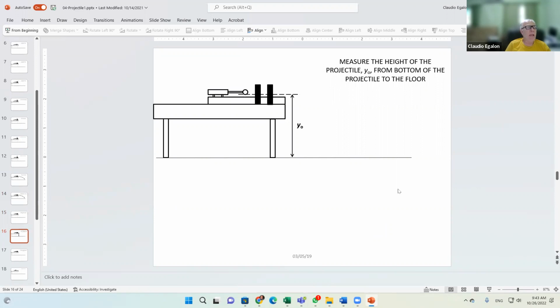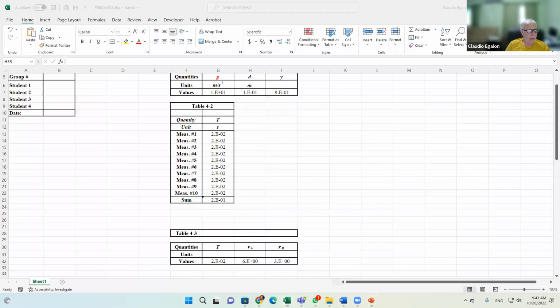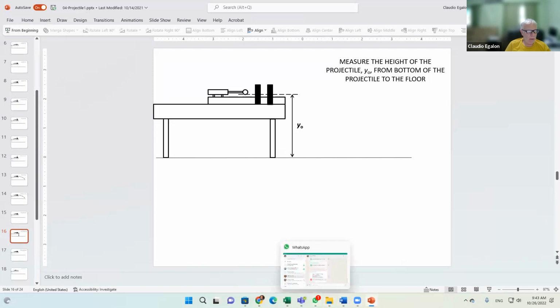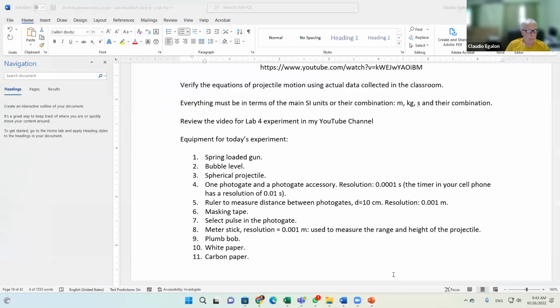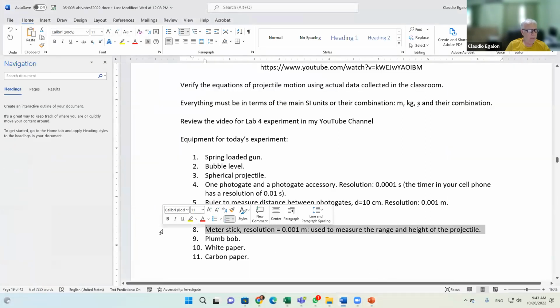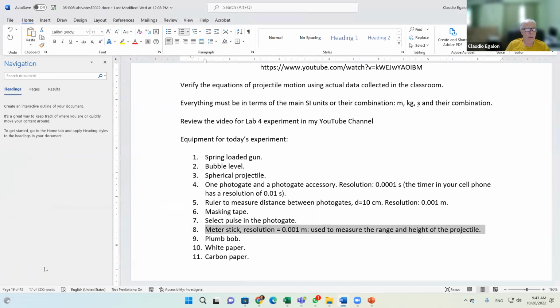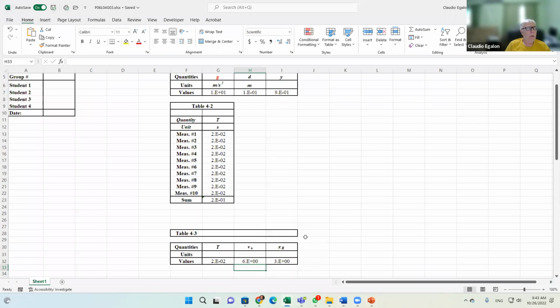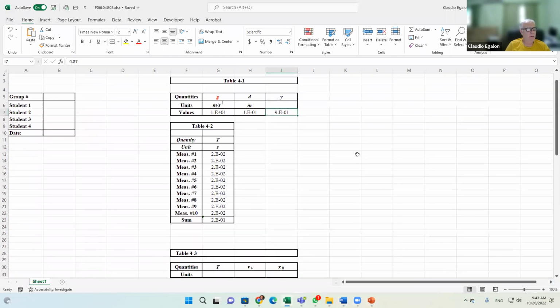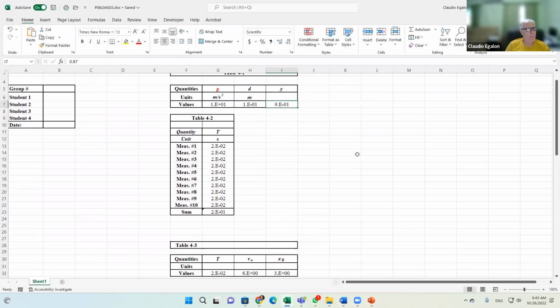You measure this height with a meter stick, which also has a 1 millimeter resolution. Use the meter stick resolution to measure the range and the height of the projectile, and enter this value here for the height of the projectile.